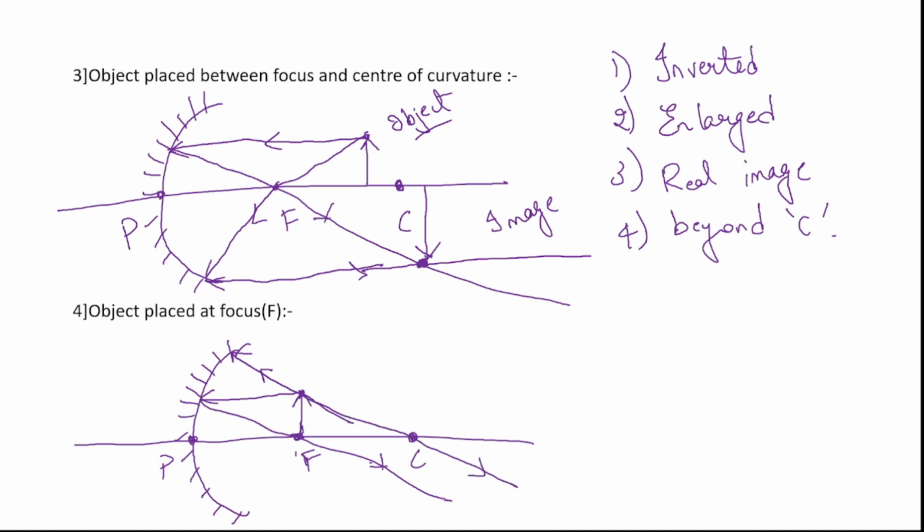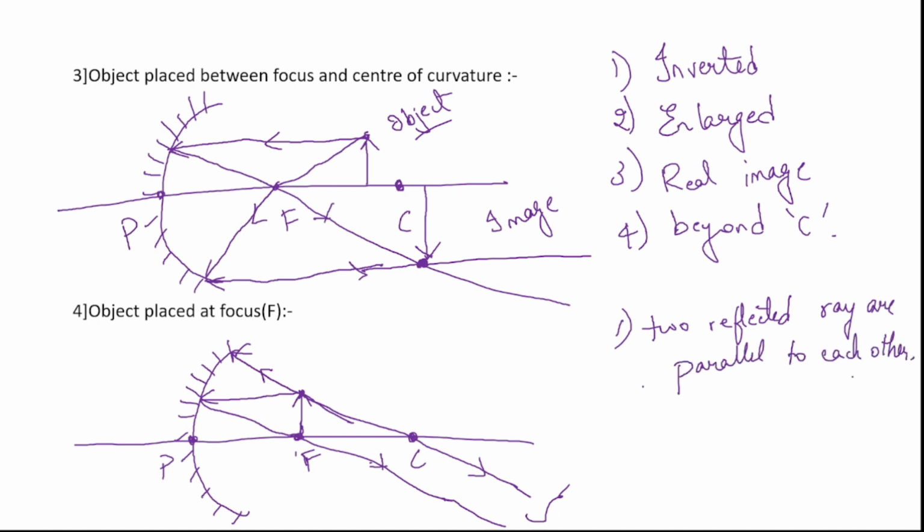So what is happening here? The two reflected rays are not meeting at any point. So what will be the characteristics of the image in this case? The two reflected rays are parallel to each other. This is one of the characteristics. Next, they don't intersect.